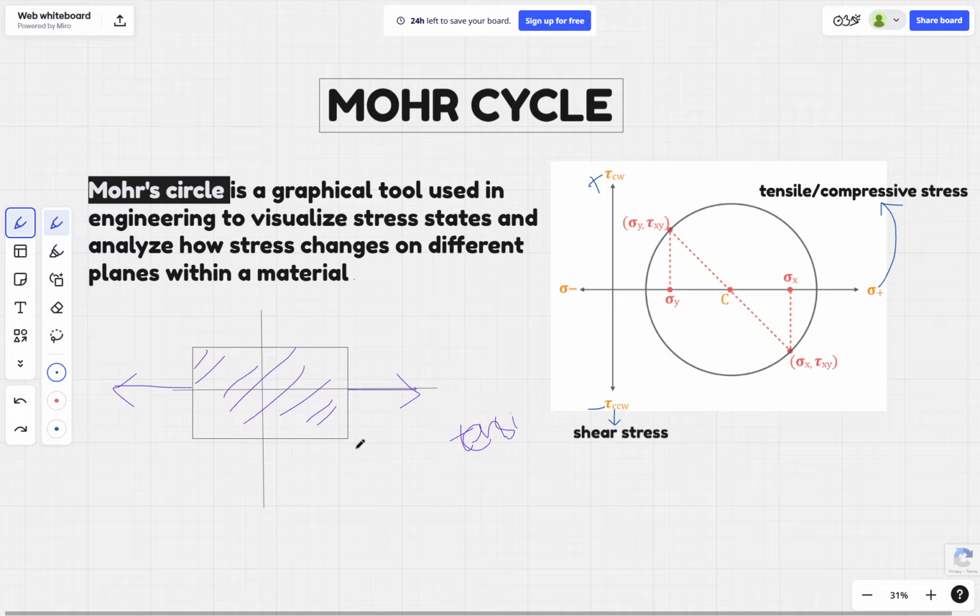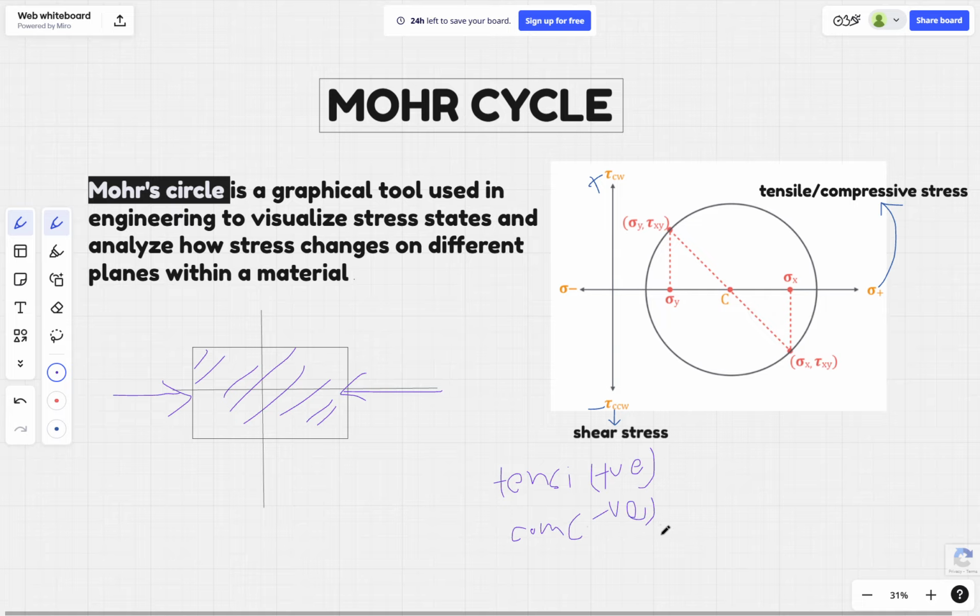Similarly, if we change the direction of the force like this, then it will be compressive stress. Throughout all our calculations we will take tensile stress as positive and compressive stress as negative. Let me write this in a good way.